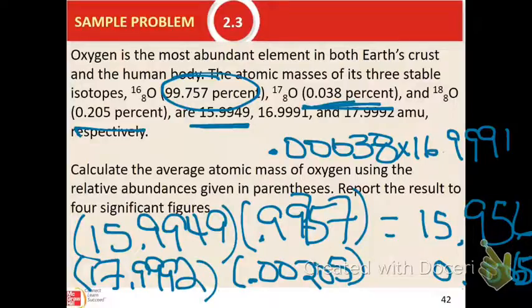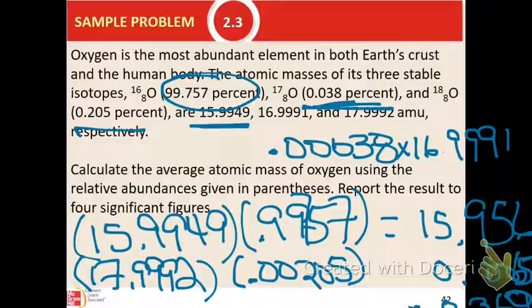We're going to do that math. 17.9992 times 0.00205, and that is 0.0369. And then you just add those three together.